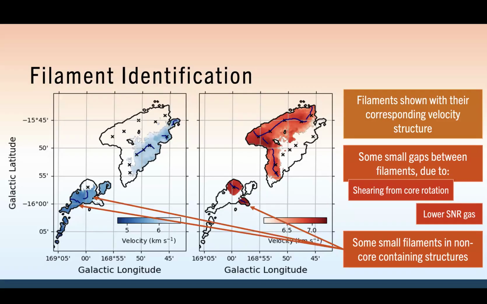But there are also these small filaments in non-core containing structures, so not even filaments that don't have cores, but filaments in structures that also don't have cores, which are mostly this pretty low density blue gas here, and these little clumps of slightly redder gas that are not necessarily affiliated with any cores.